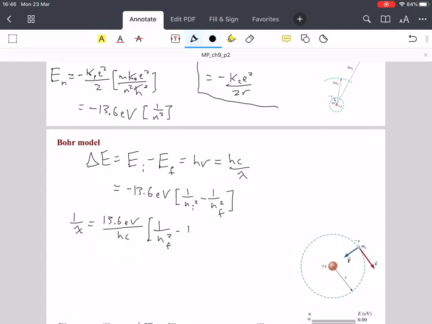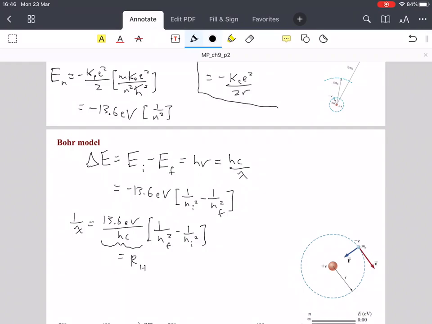So this is 1 over nf squared minus 1 over ni squared. And we see that this is exactly the formula we had for Balmer's relation if this first term is equal to the Rydberg constant. And we'll show that it is by plugging in the values.